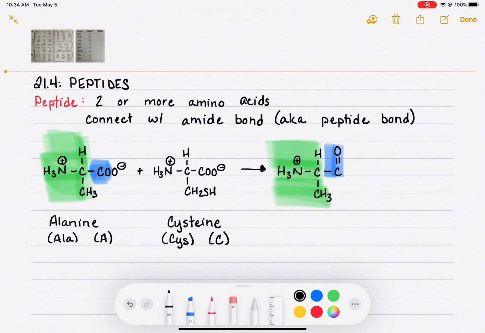And that is it for alanine. That's all that it's going to contribute. So the next thing, that bond that I just drew right there, this is going to be the connection between the two amino acids. So this is going to be our amide bond or our peptide bond that connects the two. And we're ditching that last oxygen on alanine. It is going to show up later, but we're ditching it for now.